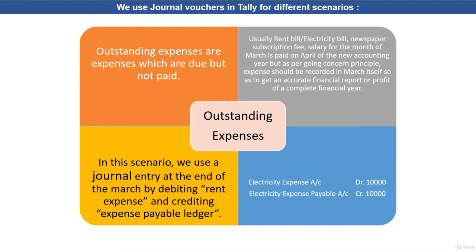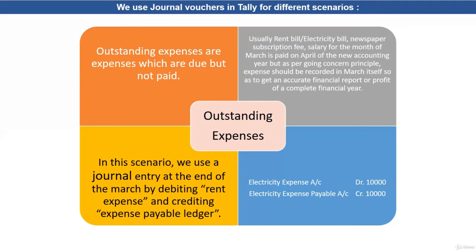In this scenario, we use a journal entry at the end of March by debiting that particular outstanding expense, such as rent expense, electricity expense, newspaper subscription fees or salary for the month of March, and we credit the payable ledger, the outstanding liability ledger on the credit side, that is expense payable.